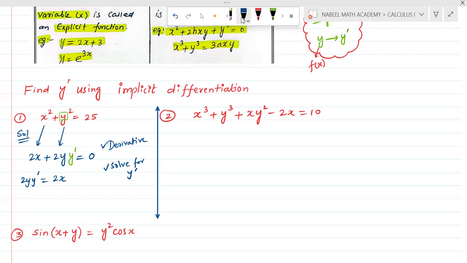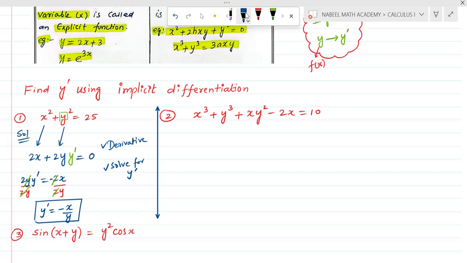I don't want 2y, so divide both sides by 2y. The 2y cancels, and the 2 with the 2 cancels. The value will be y prime equals minus x over y, because if you move the 2x to the other side, it becomes minus. This is the derivative of the function.